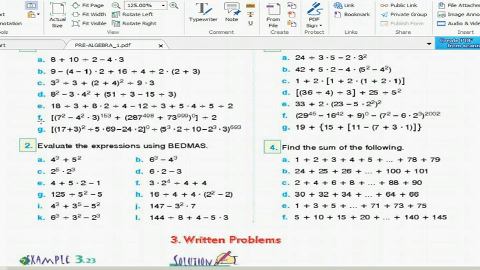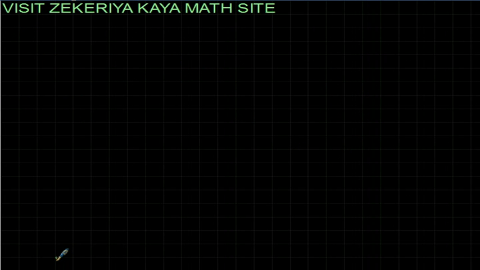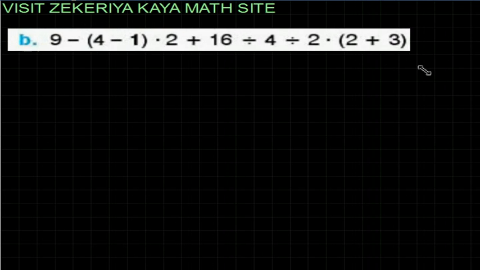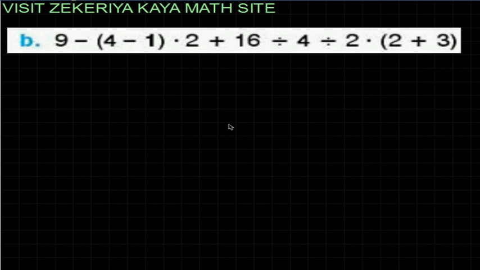Let's choose a very ugly, very mixed one which may confuse your minds. The question is again the same: calculate the following, if you can, of course. Let's see who can find the right answer and who can't.